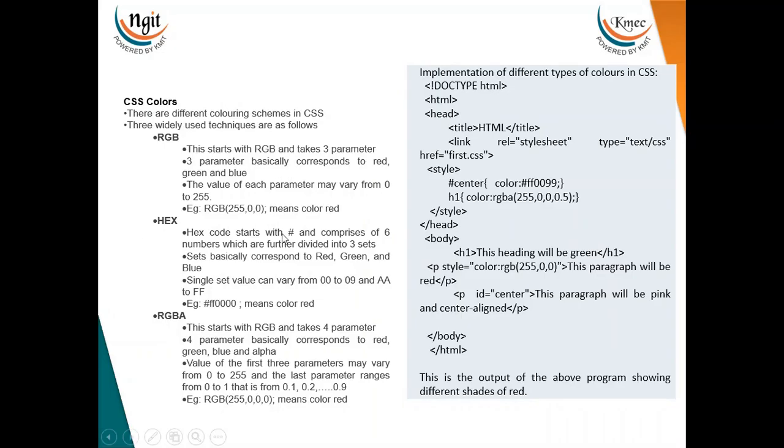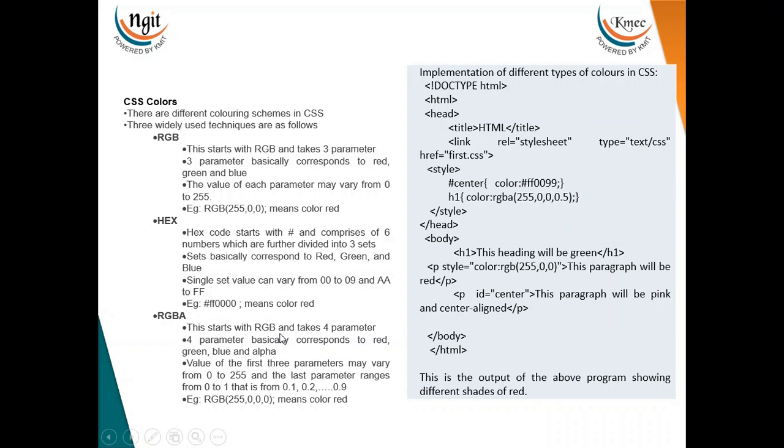And hex is hex code. It should start with a hash symbol and comprises 6 characters, which are further divided into 3 sets, that is red, green, and blue. Each color takes 2 characters, and a single set value can vary from 00 to 09 and AA to FF. For example, this hex code means the color red.